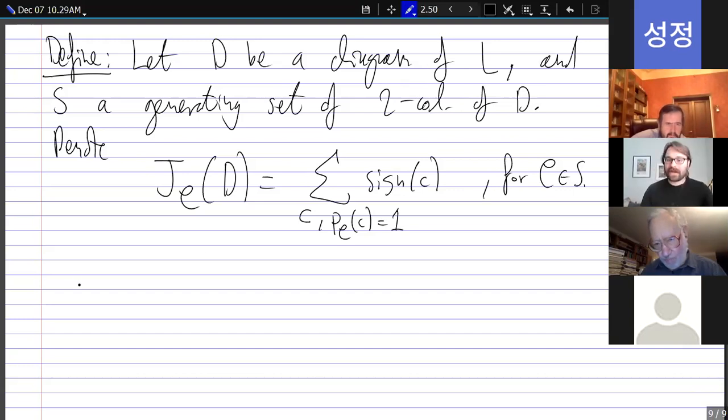So I package that all up into a big long vector. So now I denote by J2 of D, the multiset.